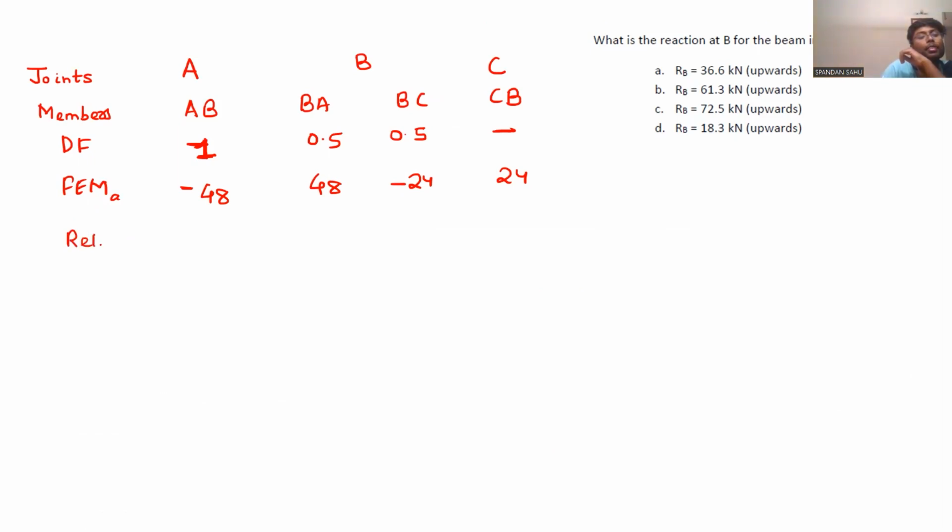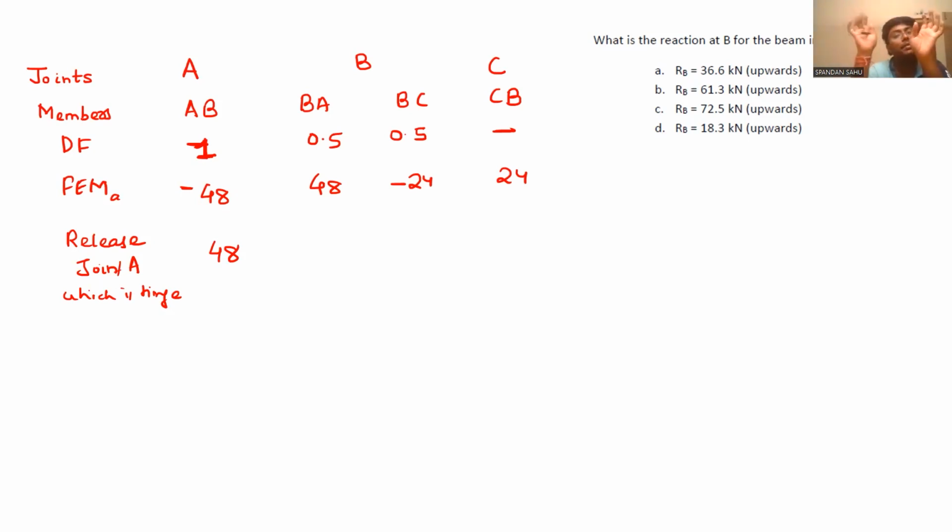No. So you have to release joint A, which is a hinge. So how to release? Minus 48 kilonewton meter is acting, so if you add 48 kilonewton meter, then the overall moment at that joint is 0.